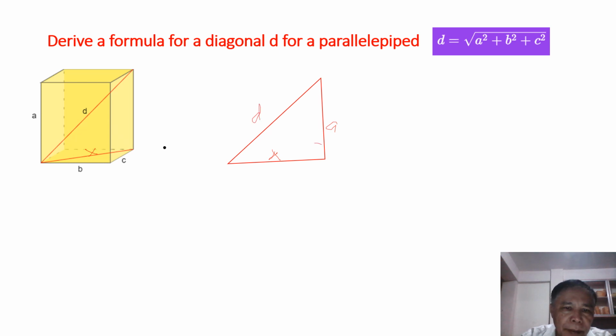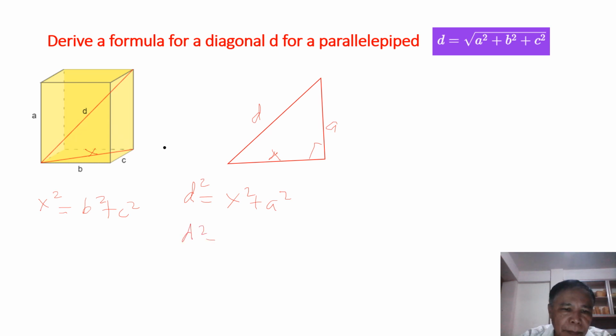See the figure there. If we have to make a formula for diagonal D, it would follow the Pythagorean theorem. From this figure, x squared equals b squared plus c squared. But diagonal D here, D squared equals x squared plus a squared.